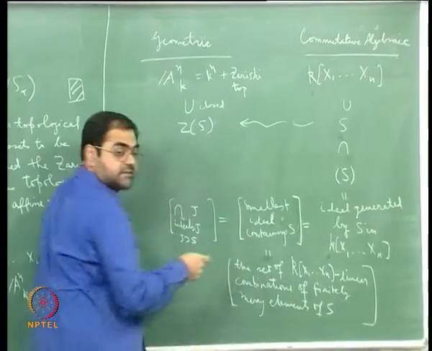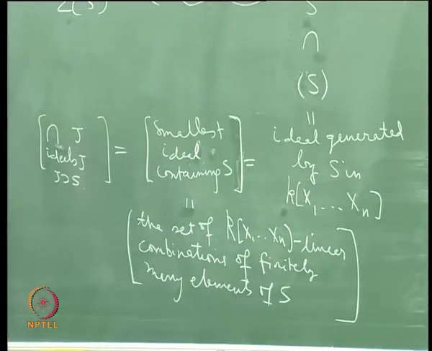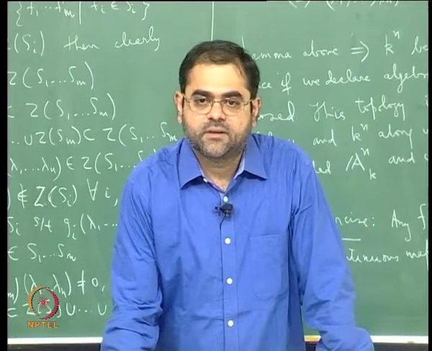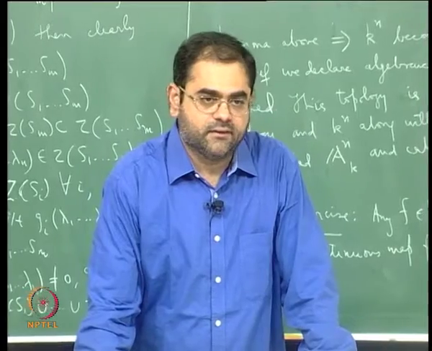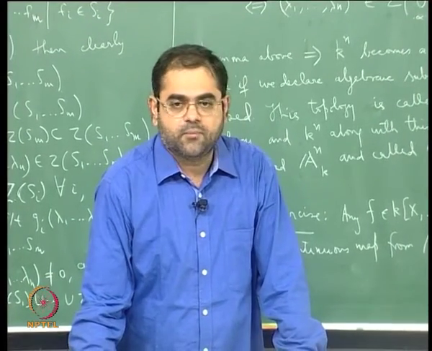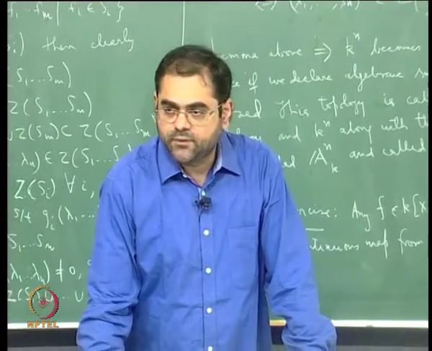That this is the same as this is an exercise. It's a simple exercise which you should have come across in a first course in commutative algebra, but if you haven't done it, it wouldn't take you more than a couple of minutes to do it.